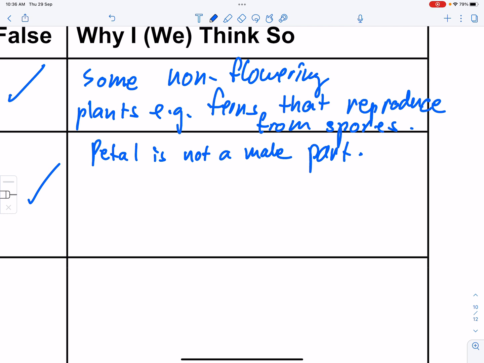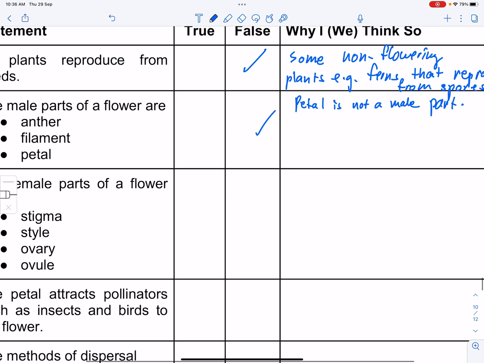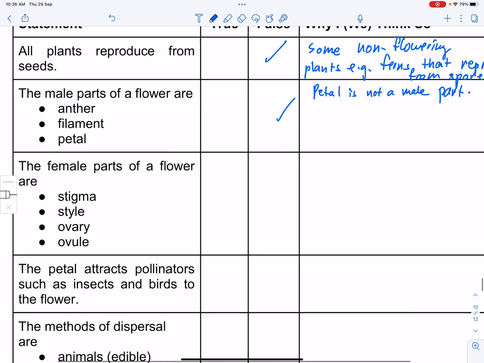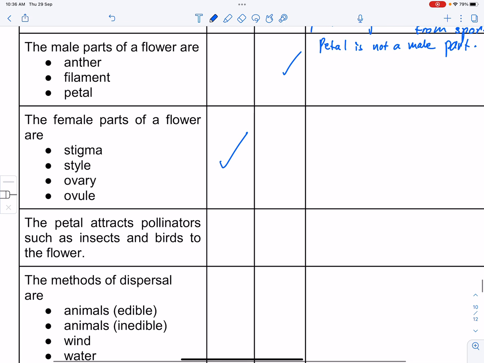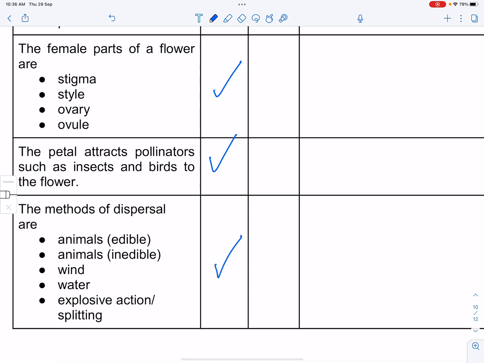They are modified. Okay, the rest of it all are true. So the petal attracts pollinators such as insects and bees, and the methods of dispersal are as follows. Okay.